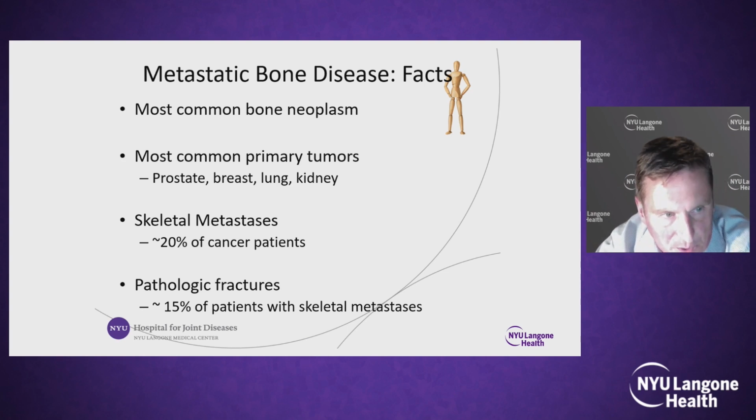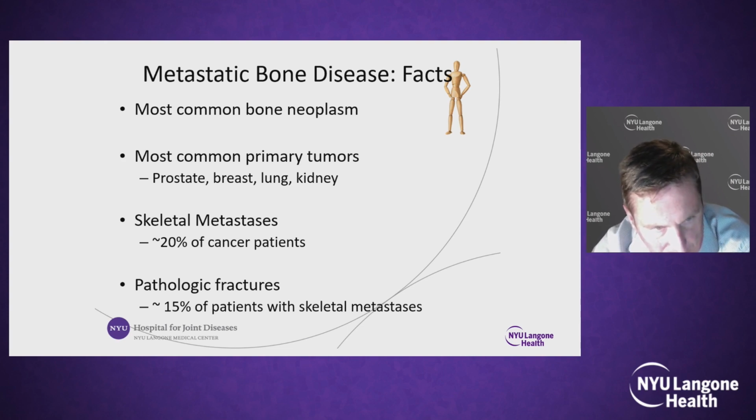There have been multiple autopsy studies showing that over 20% of cancer patients at some point in their disease process, or at autopsy, will have evidence of metastatic disease. And again, these are very rough numbers, but of those 20%, 10 to 15% will develop some sort of skeletal metastasis and even a fracture from that.